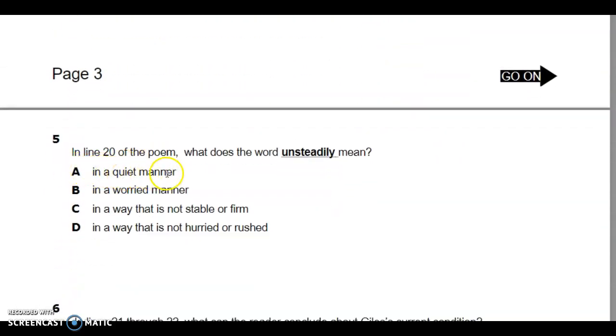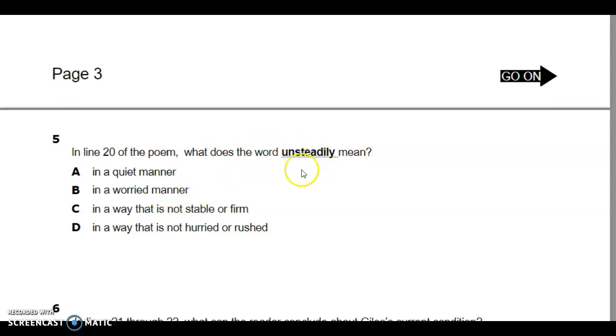A, in a quiet manner. It's not really referring to how much noise he makes. It's not talking about his noise level, so A isn't the answer. B, in a worried manner. Not talking about emotions here, so X off B. C, in a way that is not stable or firm. We know that the prefix un means not.